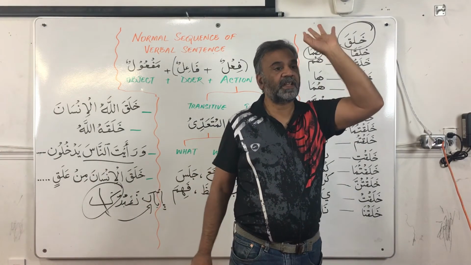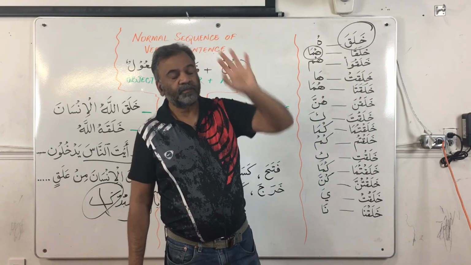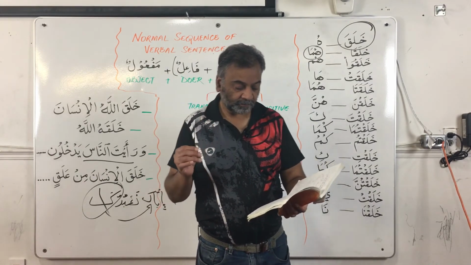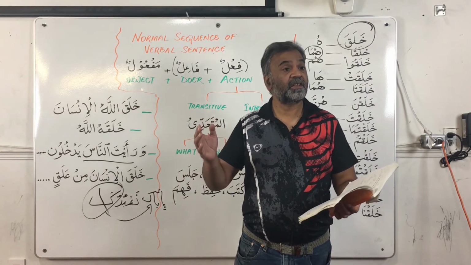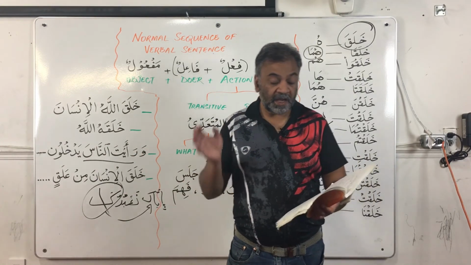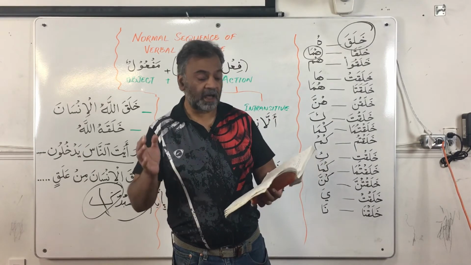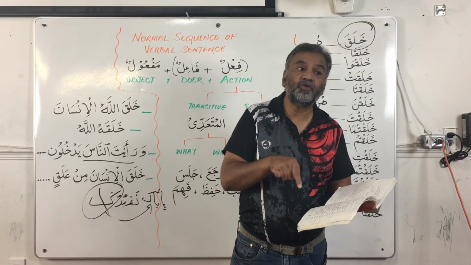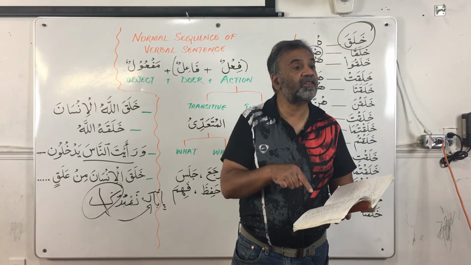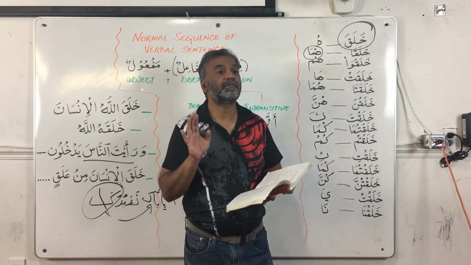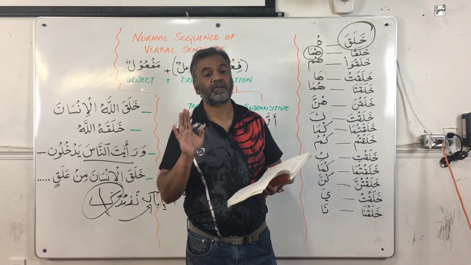Kharaja, he left. That's it. Action is complete. So Abbas is saying the new students left and went to the headmaster. In this sentence kharaja and zahaba are both intransitive, so therefore we do not see the maf'ul or the objects.